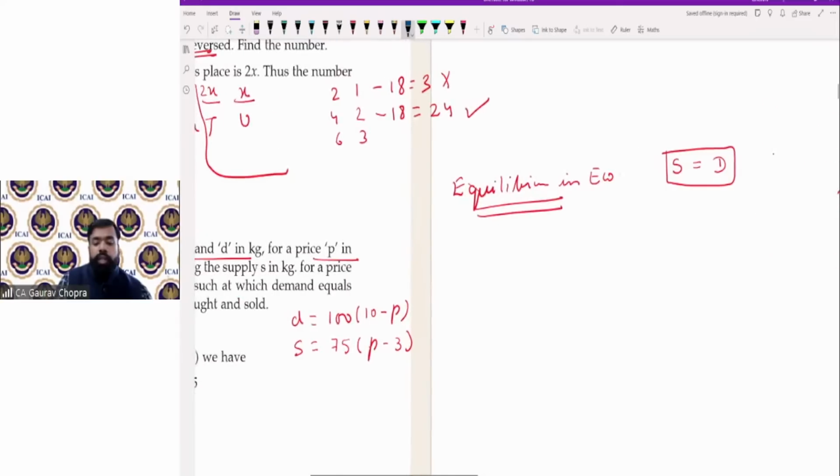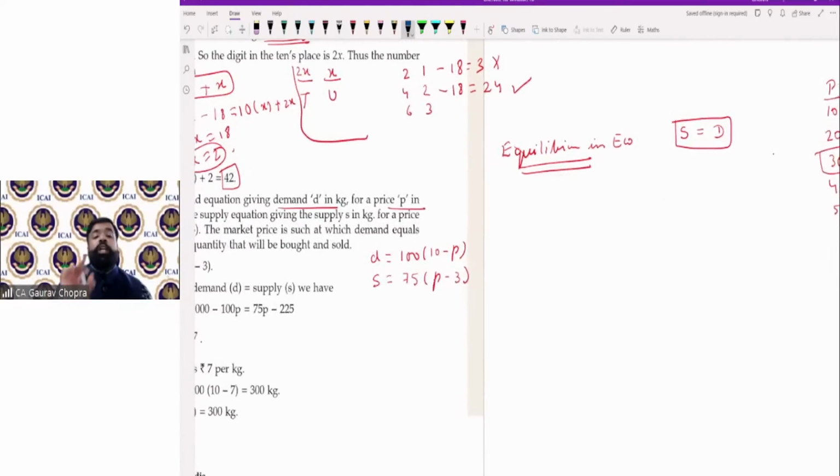But now here simply what you have to do, equate these two equations. So demand is equal to supply. So 100 into 10 minus P is equal to 75 into P minus 3. Now let's simplify.